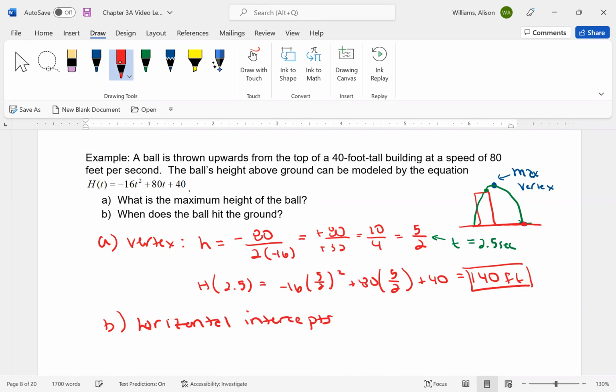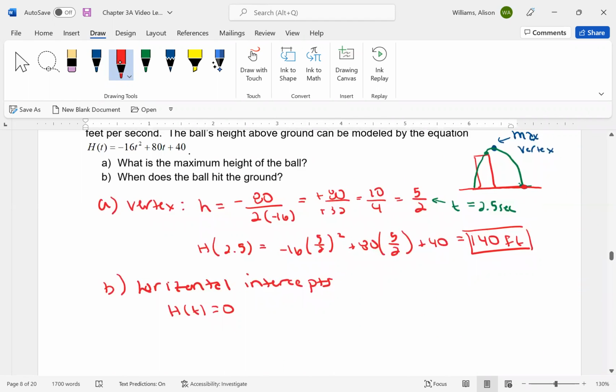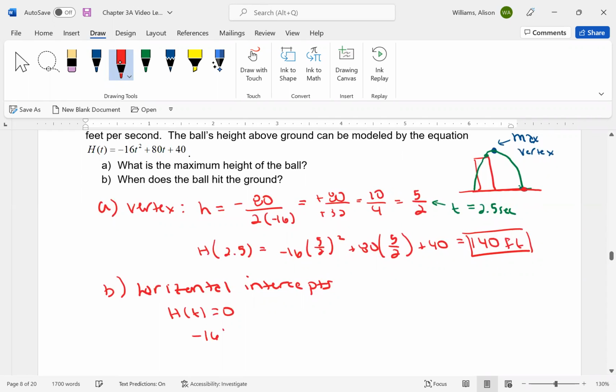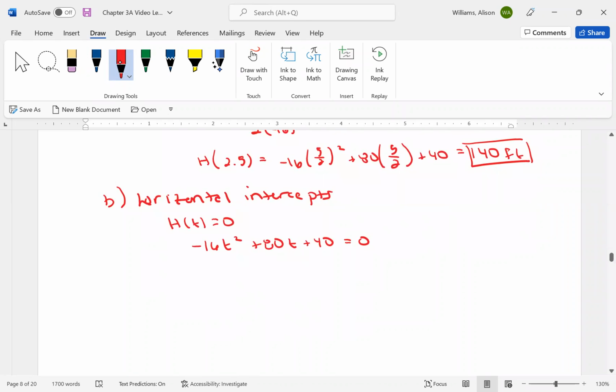So I'm going to take this equation and set it equal to 0. Oops, I should write the equation down first. So negative 16 t squared plus 80 t plus 40 equals 0. All right, I'm going to use the quadratic formula to do this. So here's what we do.